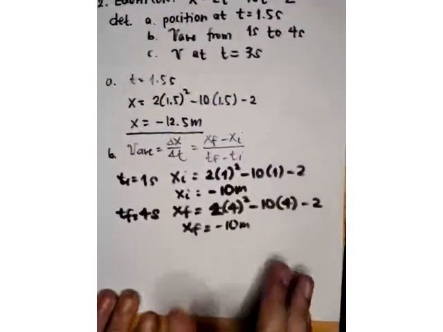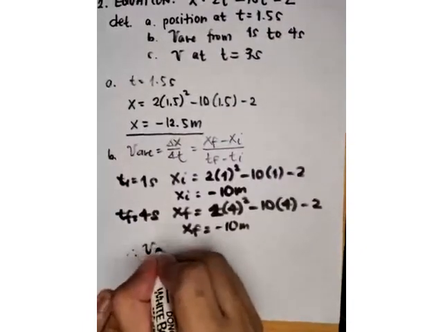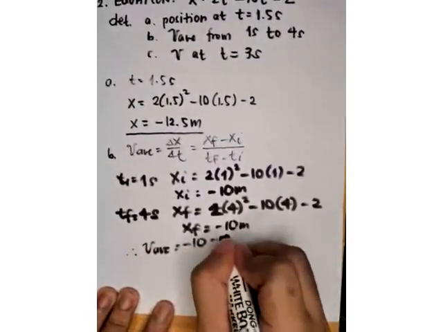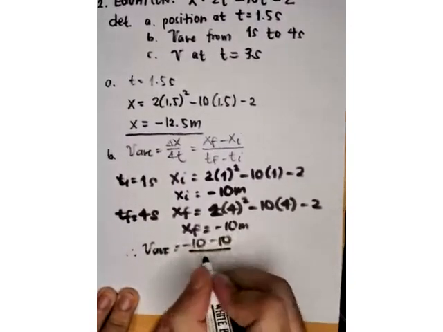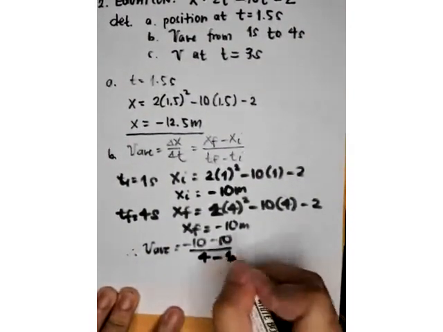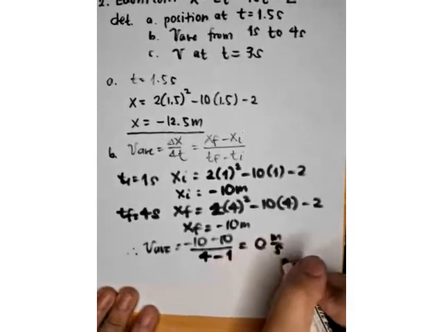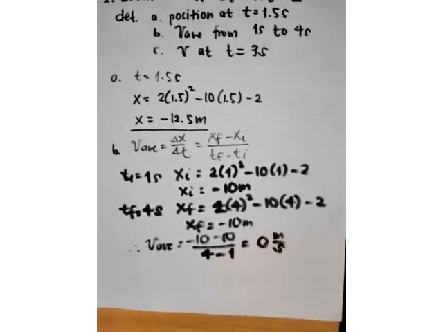So therefore, the average is negative 10 minus 10 over 4 minus 1. So the answer is 0. Okay, tama ka, Michael. So it is 0.